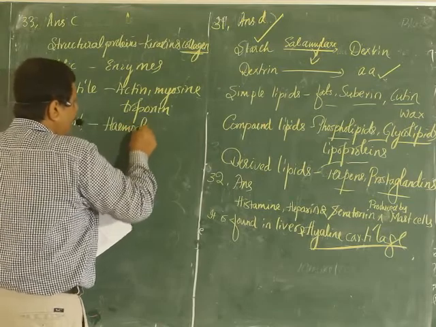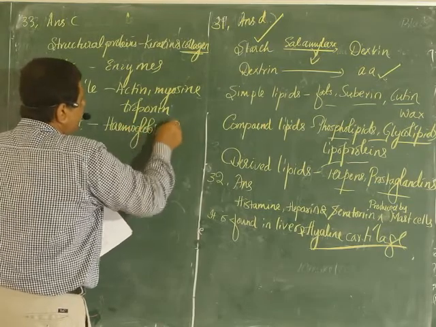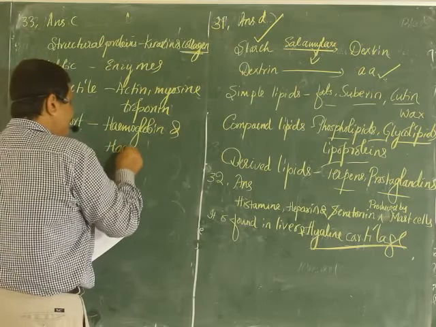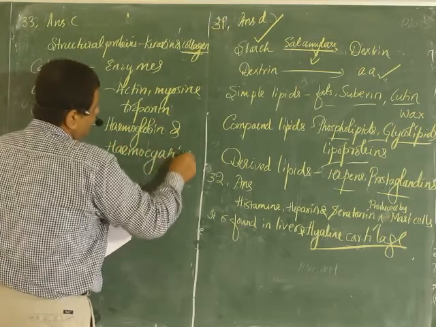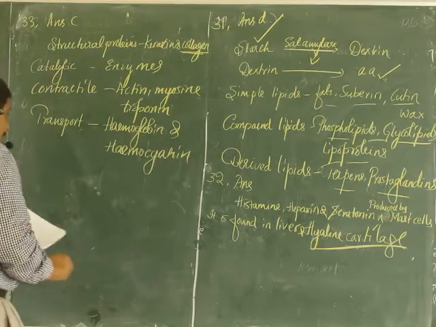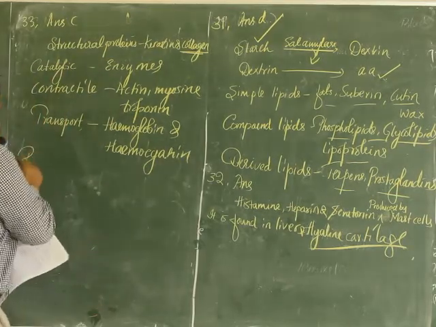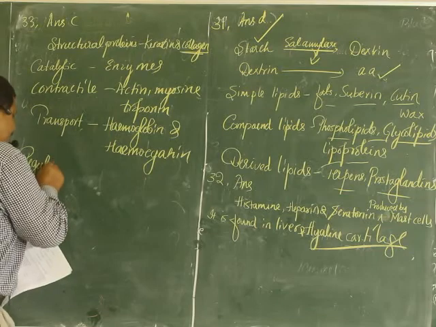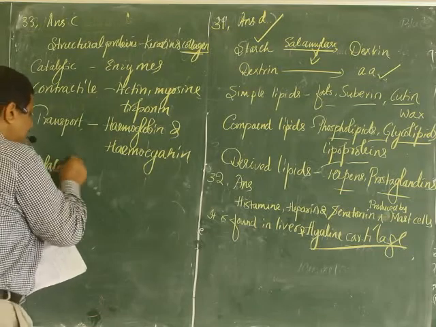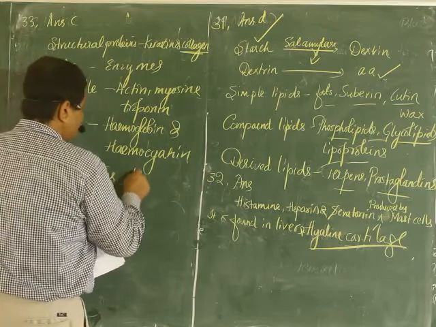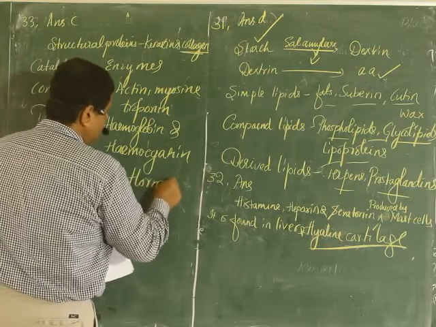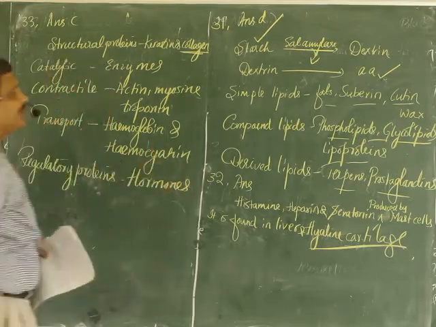Hemoglobin and hemocyanin. And then regulatory proteins are hormones. Hormones are the regulatory proteins.